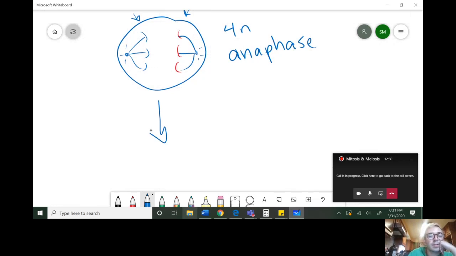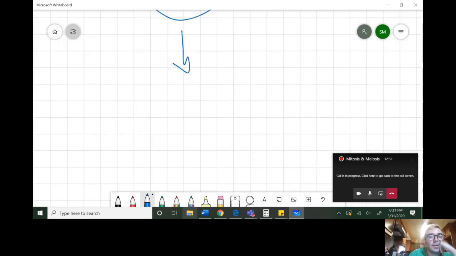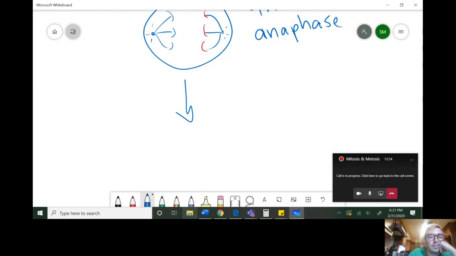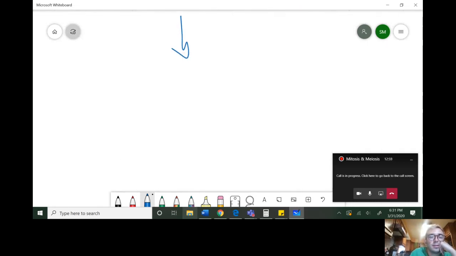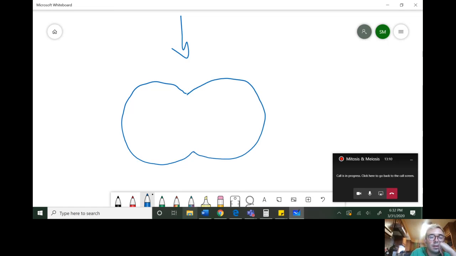Our next phase, telophase. And telophase is going to be, we're going to start tearing our chromosomes. And that nuclear membrane is going to start forming again.